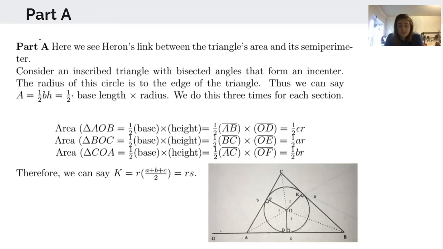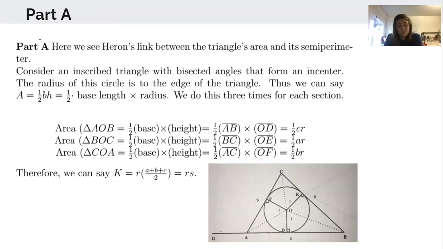Okay, so part A, what are we trying to do in part A? We're going to see the link between a triangle's area and its semiperimeter. When I say semiperimeter, that's what I mean S to be. So S equals 1/2 (A plus B plus C). So we already know that the area of a triangle is 1/2 base times height, right? Like we already know that. And so from each triangle that we've made by the bisectors, we can find its area.